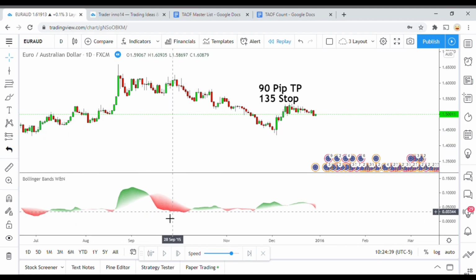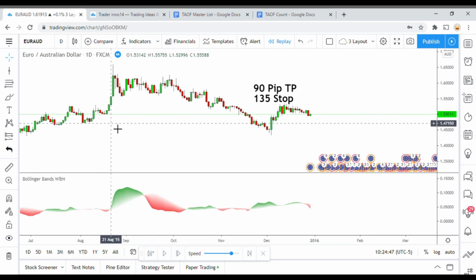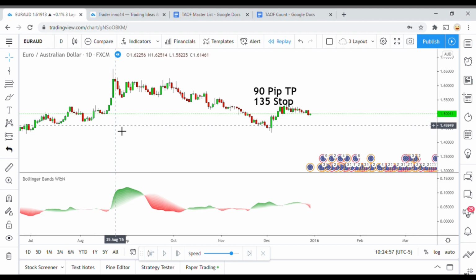I haven't really decided the best way to test this yet. I'm going to try one way just to see if it works. I know it kind of defies logic, but sometimes thinking outside the box with these indicators, using them in ways they weren't meant to be used, can reveal very good indicators or very good ways of trading the indicator.